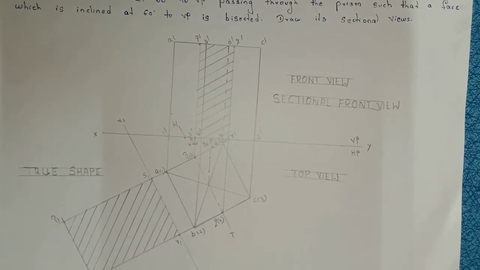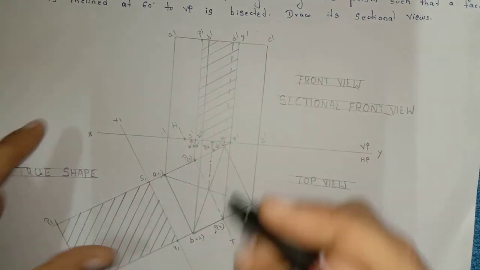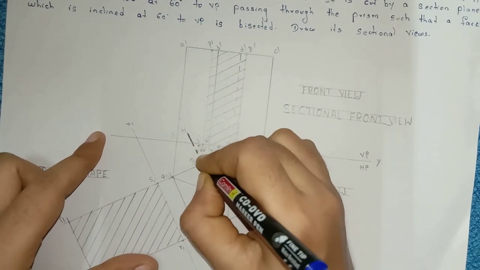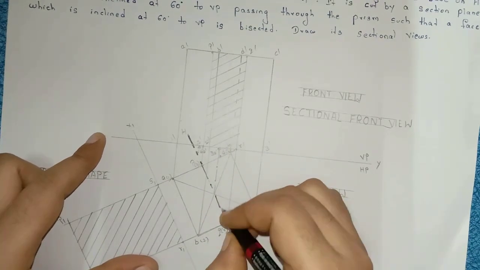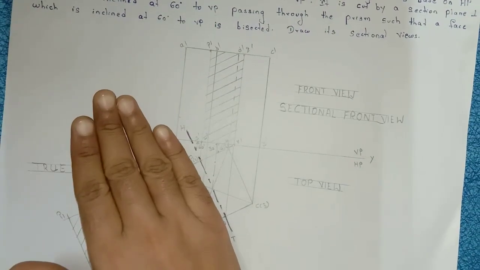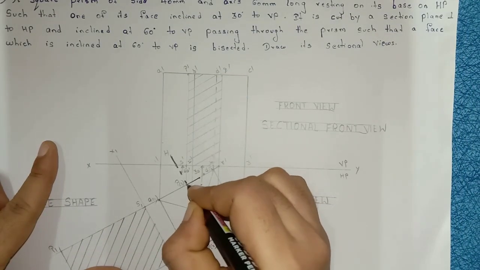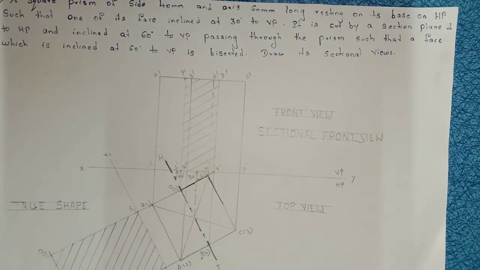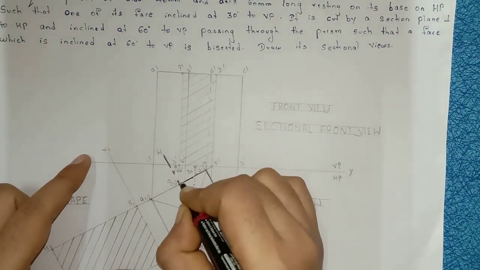Now, we are removing this portion of your prism, right? Actually, this is your sectional plane which is passing through the midpoint of one of the faces of the prism. So, this is your sectional plane, right? So, we are removing this portion, right? So, only this portion should be dark.